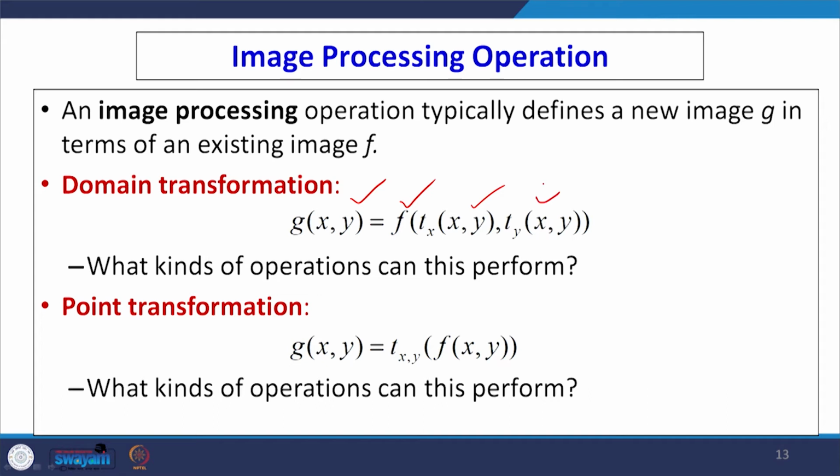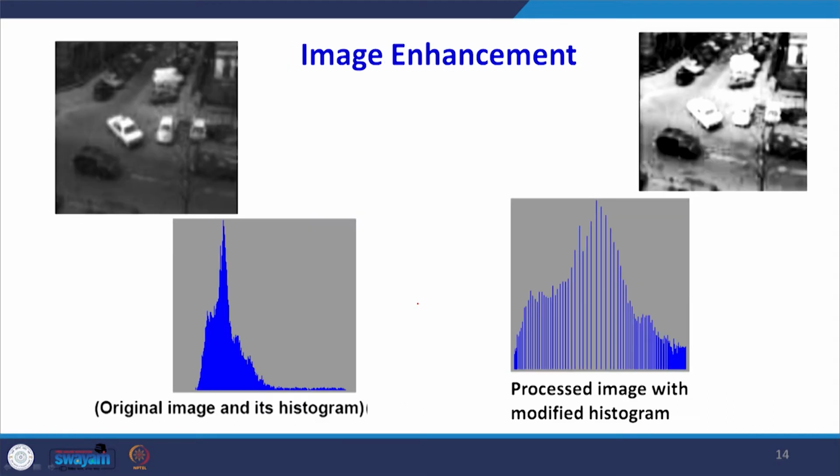In the domain transformation, I am taking a group of pixels, not working pixel by pixel. But in point transformation, one pixel at a time is taken, some transformation is done for that pixel, and then we get the new enhanced value at that particular location.